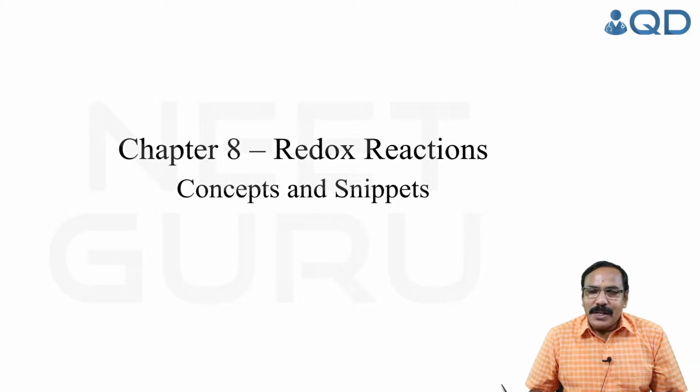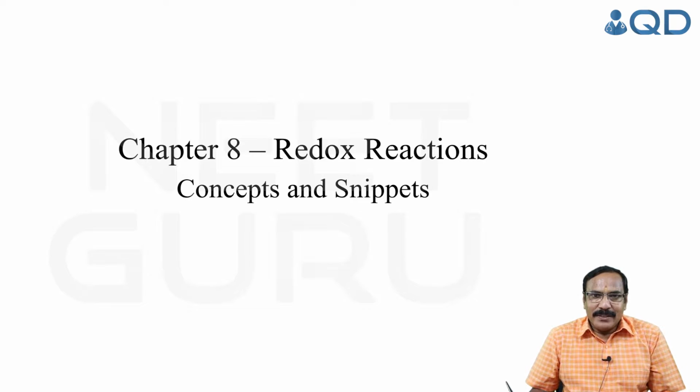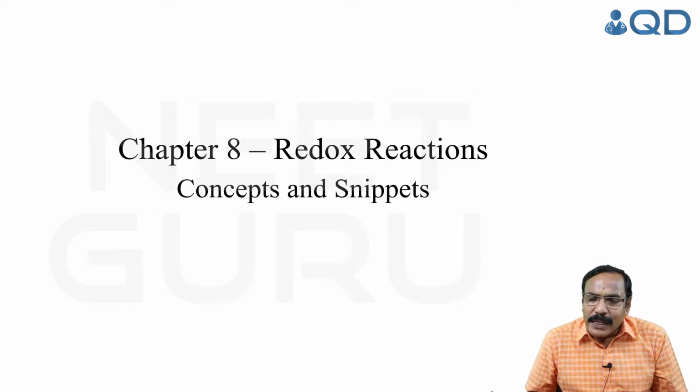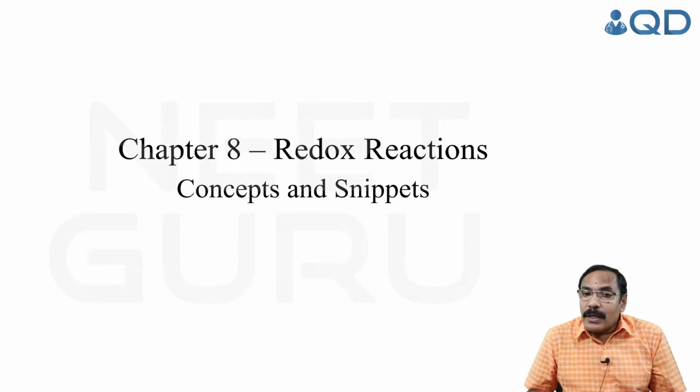Concepts and snippets session. Today we are going to discuss redox reactions. We are going to give you a highlight about redox reactions. Several chemical reactions involve transfer of electrons from one species to another. In such reactions, two reactions occur simultaneously.